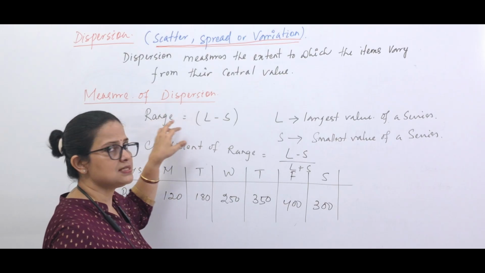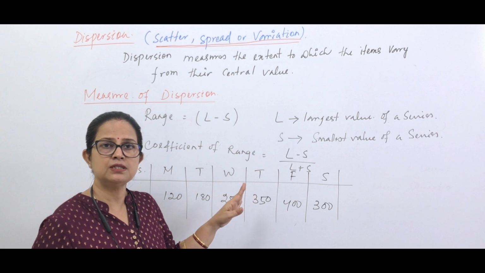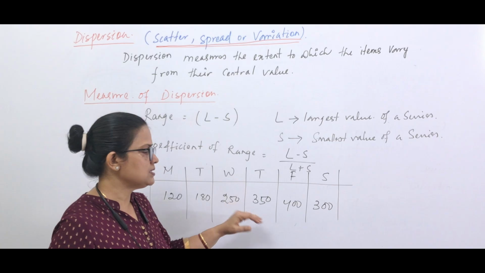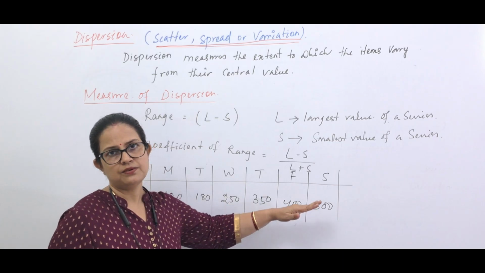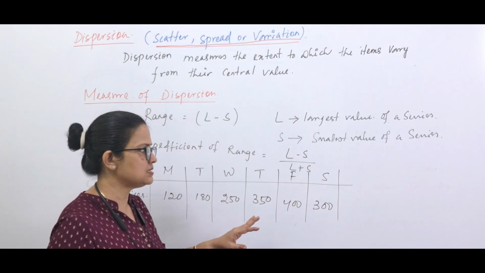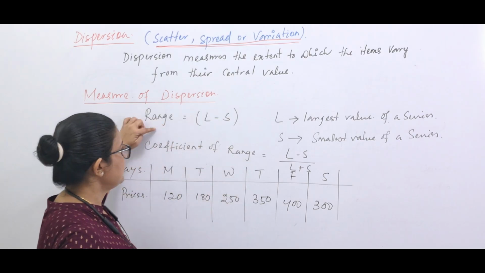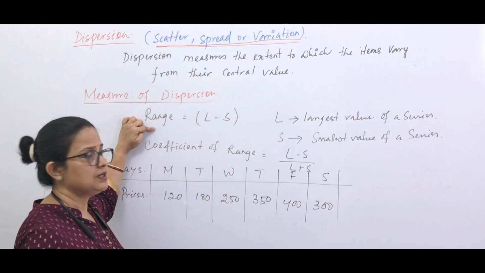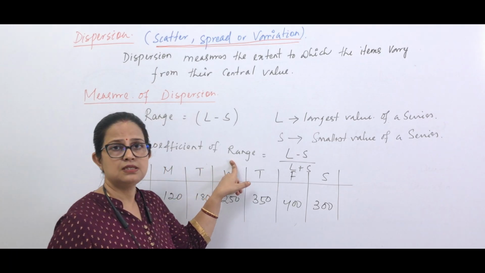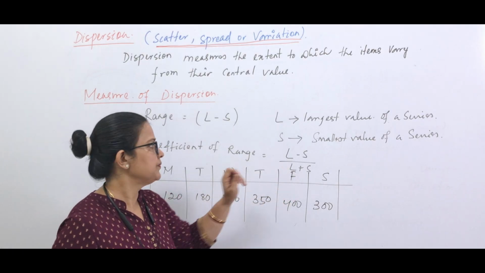If we just want to see the maximum value and the minimum value in the series, we just take the difference. What is the coefficient of range? This range is the absolute value, and the coefficient of range is the relative measure or relative value.